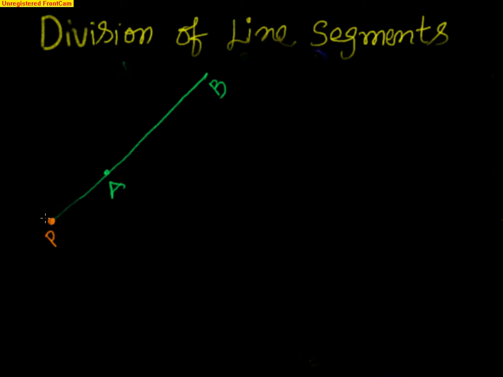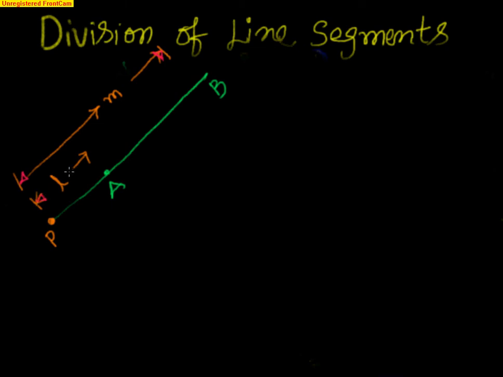Suppose it is dividing A and B in the ratio of L is to M, then this is L, and starting from here this is equal to M. Let me erase that so that it's clear. What I mean to say is PA equals L, PB is M, because it's external division.